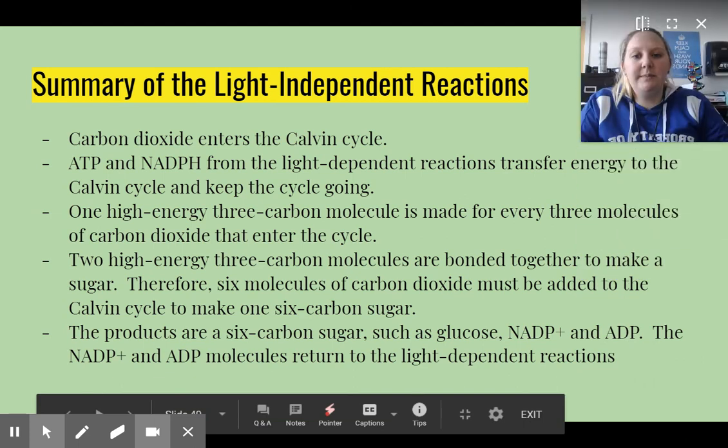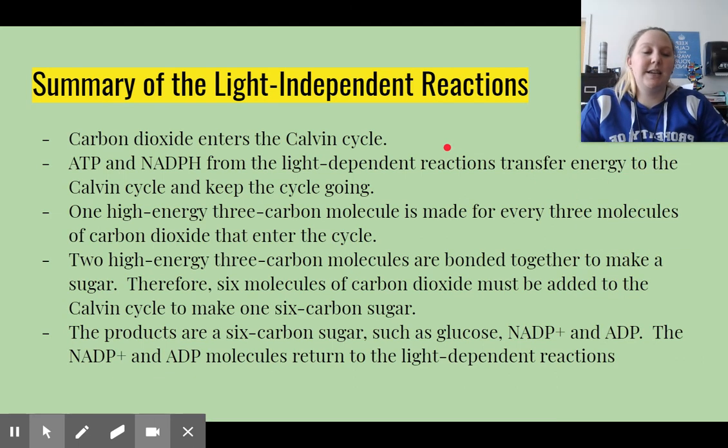The summary of the light-independent reactions is that carbon dioxide enters the cycle. ATP and NADPH from the light-dependent reactions transfer energy to the Calvin cycle. 1 high-energy 3-carbon molecule is made for every 3 molecules of carbon dioxide. 2 high-energy 3-carbon molecules get bonded together to make a sugar.